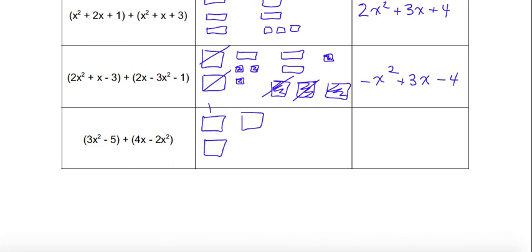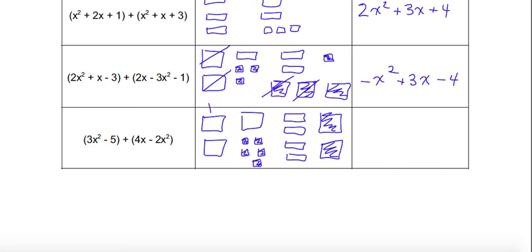I have negative 5, so 5 small squares shaded in. The next part of my expression is 4x, so I have 4 rectangles. And negative 2x squared, so 2 large squares shaded in.